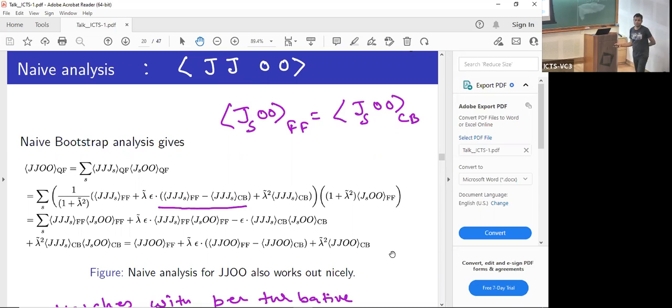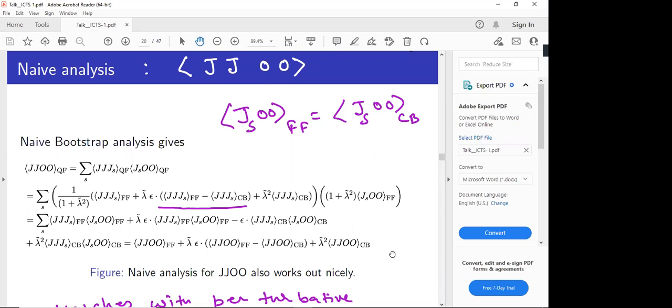So if you gauge the free fermion using Chern-Simons, then it will have both the structures with the coupling constant. So this allows you to calculate the 4-point correlation function in an easier way.